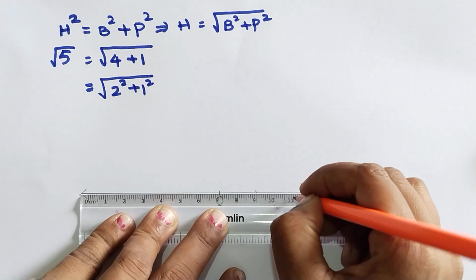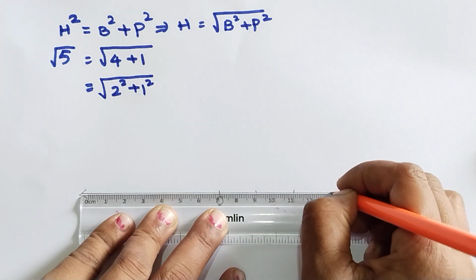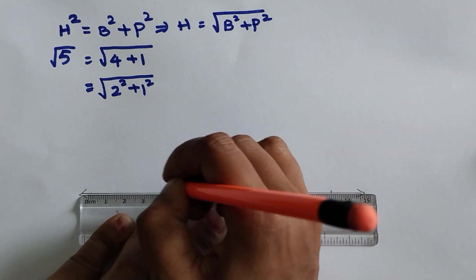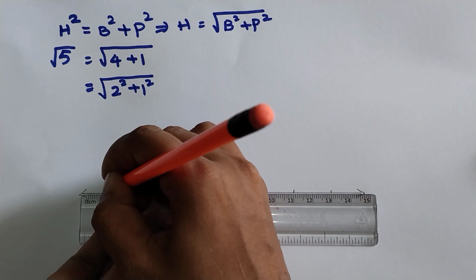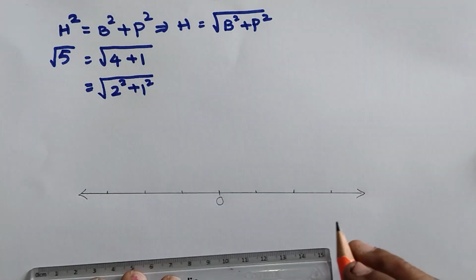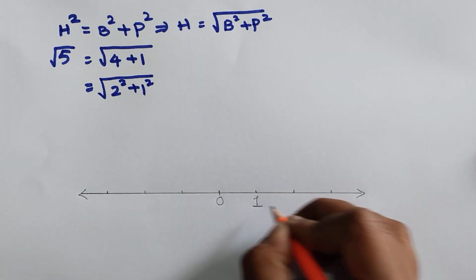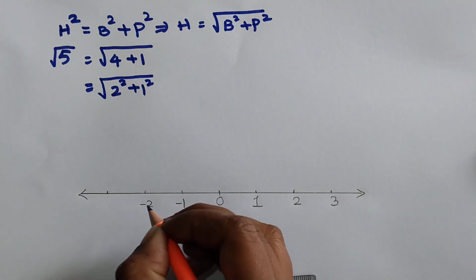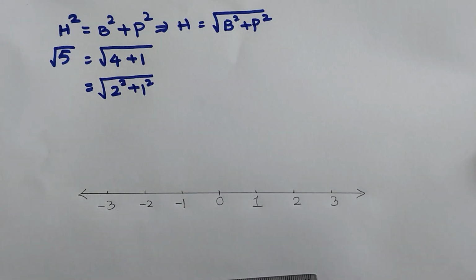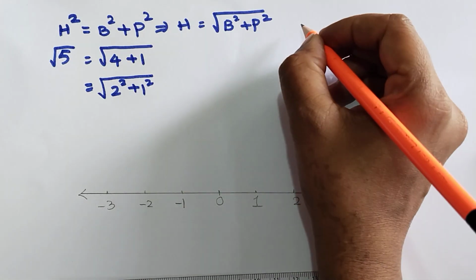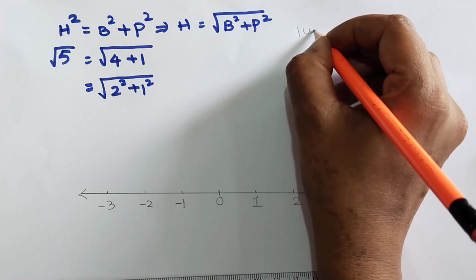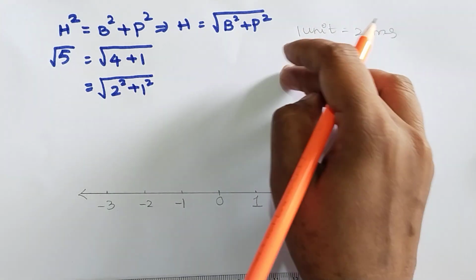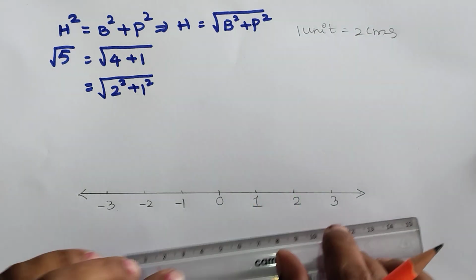Mark the 2 centimeters, and on the other side also. 0, 1, 2, 3, minus 1, minus 2, minus 3. This is our number line. We have taken 1 unit equal to 2 centimeters.